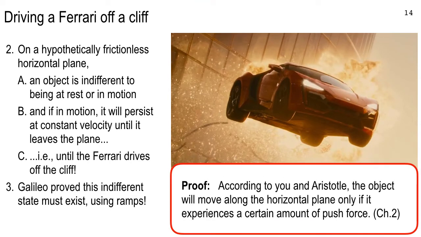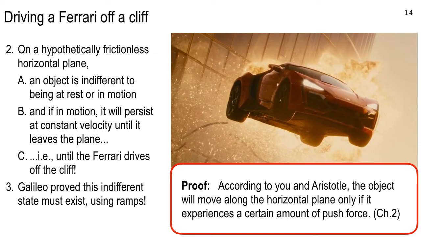Okay, and his proof, we can start with this view of it, and this is going into the dialogue. So I'm kind of talking about the stuff that is discussed in the dialogue in the textbook. So you're assisting Aristotle, okay, and you say that an object will move along the horizontal plane only if it experiences a certain amount of push force.